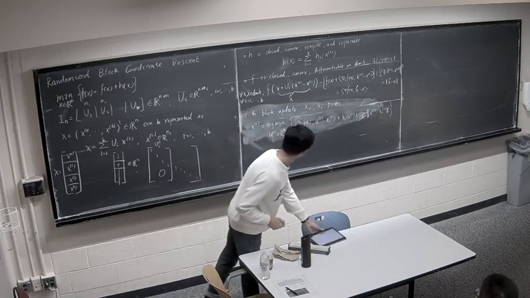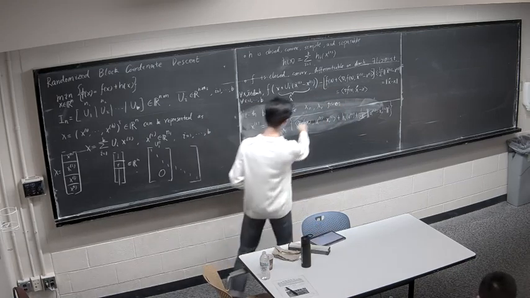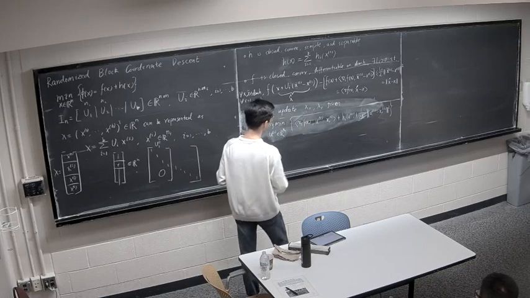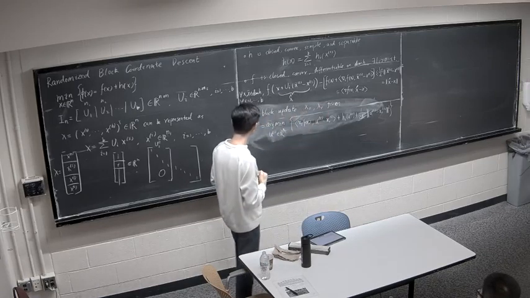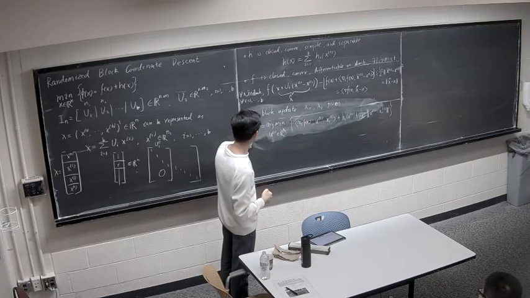Suppose we are given the previous iterate x0 and given the step size lambda_i for the ith block. Then this is the ith block update.